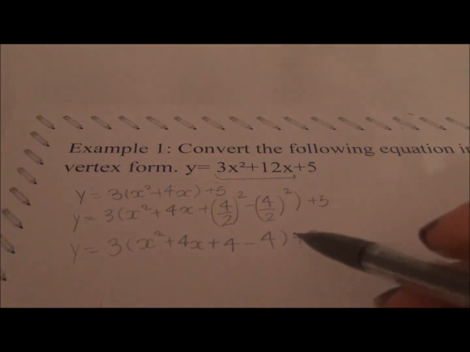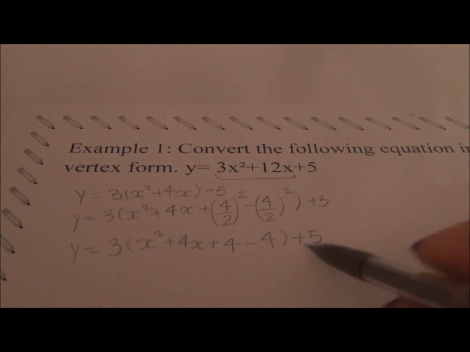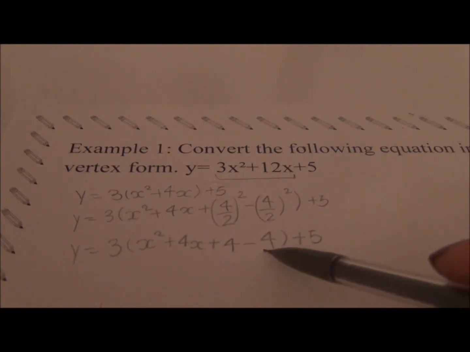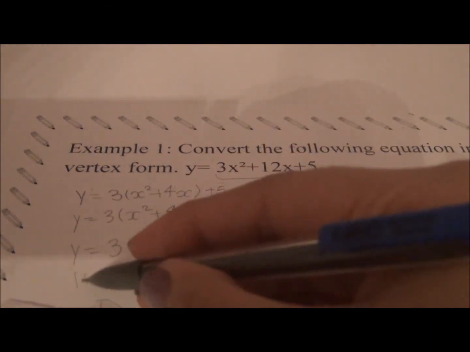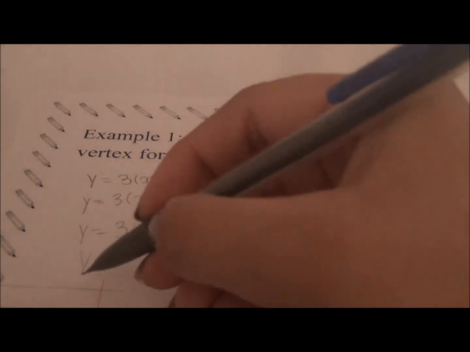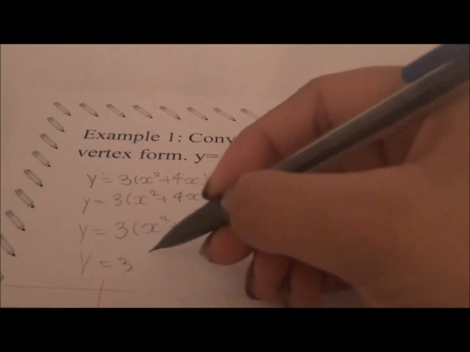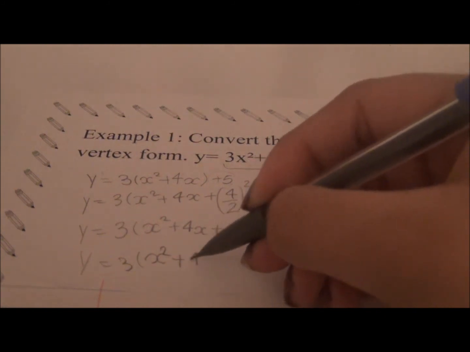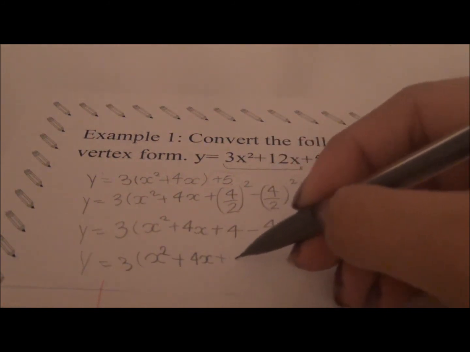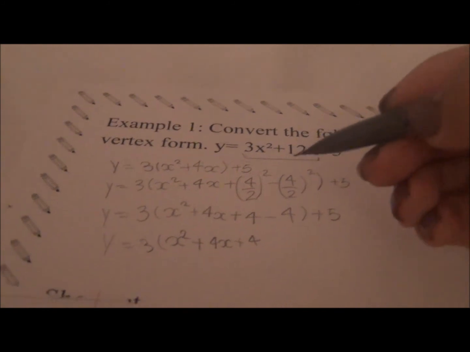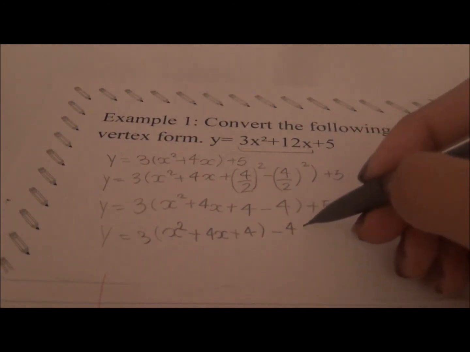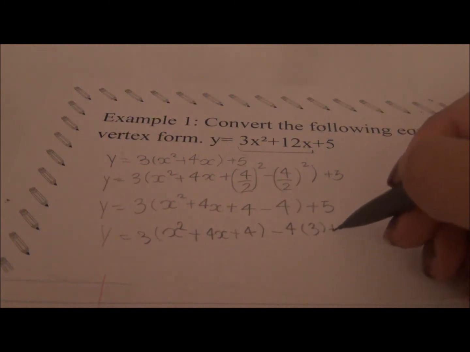And for the next step, I would have to kick out the negative 4 and multiply it by 3. So y equals 3(x squared plus 4x plus 4) minus 4 times 3 plus 5.